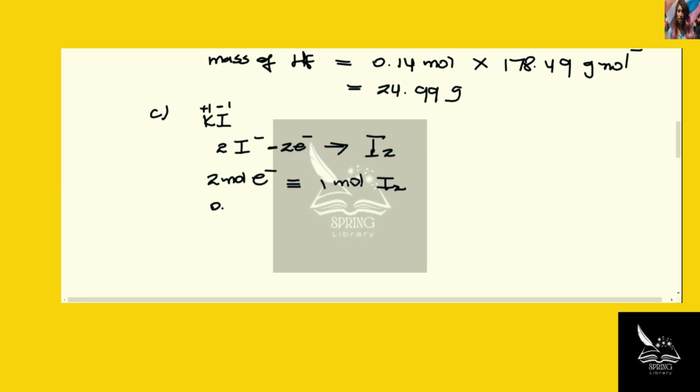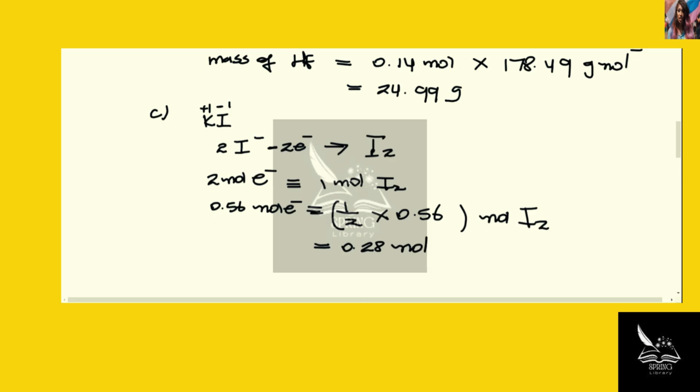Therefore, 0.56 moles of electrons would produce 1 divided by 2 multiplied by 0.56 moles of I2. And that is equal to 0.28 moles of iodine was produced.